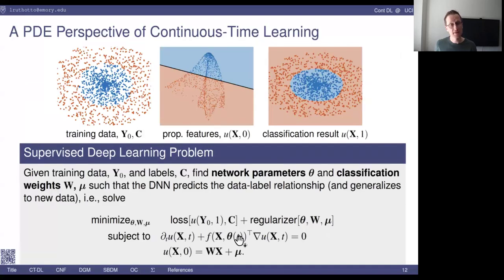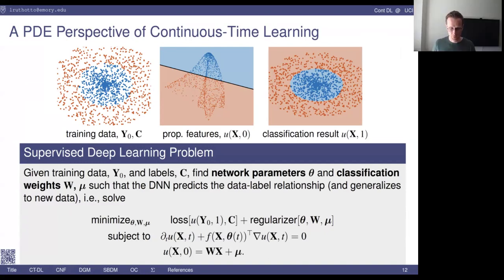So f is the velocity, and they don't change the intensity. That's a property, right? It's a characteristic solution. So in some sense, you can think about the supervised deep learning problem as minimizing an objective function, a loss and a regularizer, over a high-dimensional transport equation.